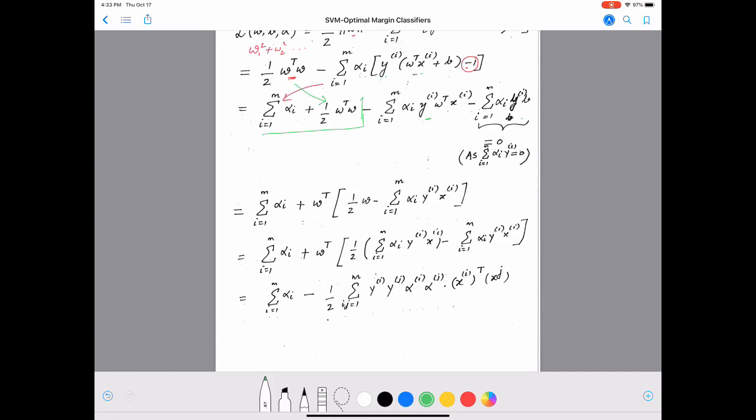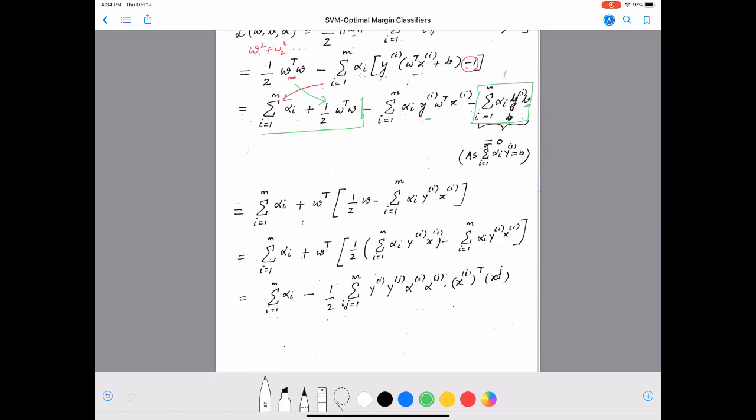This is another term. Now we got two things from our previous differentiating and setting that equal to 0. We got that sigma alpha i, yi is equal to 0. And b here is a constant, it's a scalar. So we can substitute that value here, and this entire term goes away.